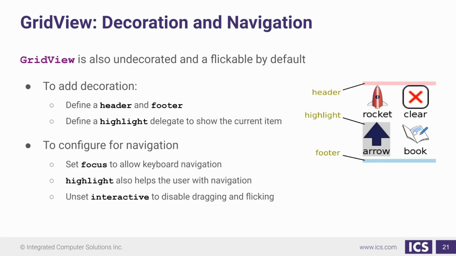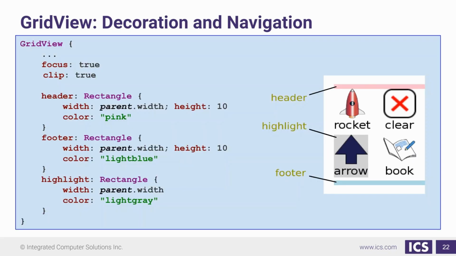We can also disable dragging and flicking if we set the interactive property to false. Here's an example of how we can use the grid view's header, footer, and highlight. We just create an item for each of these.